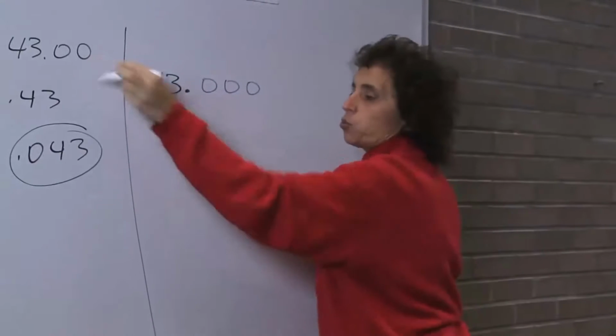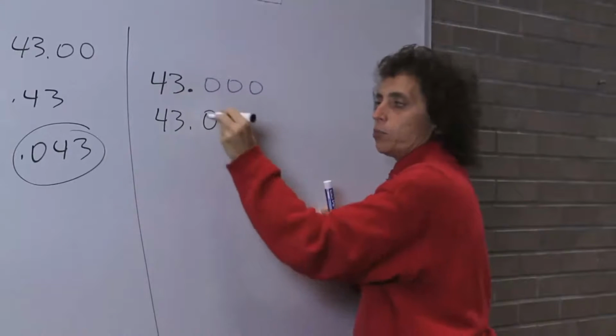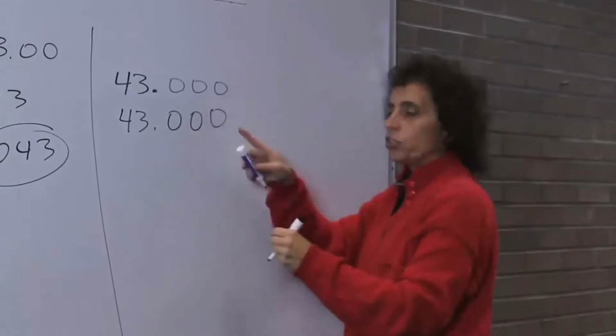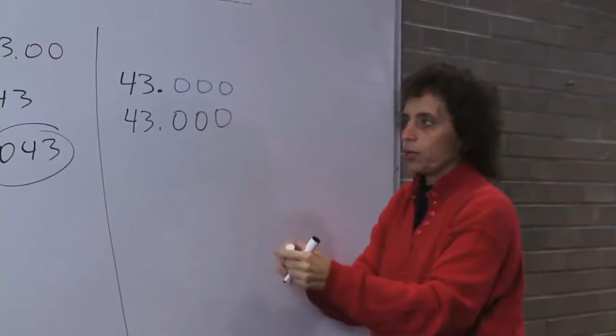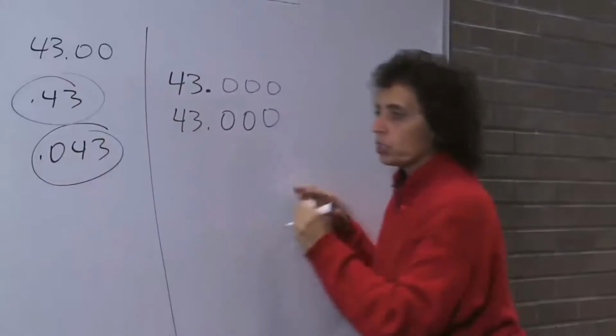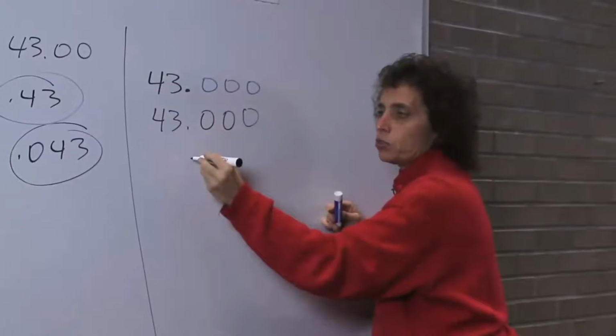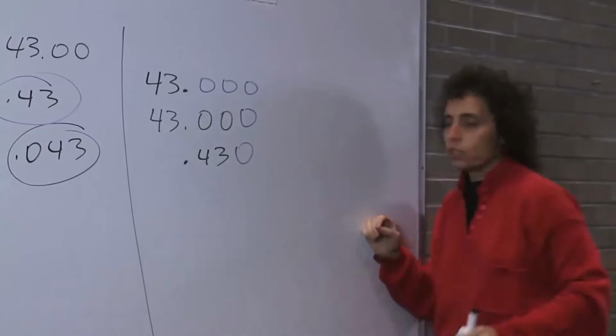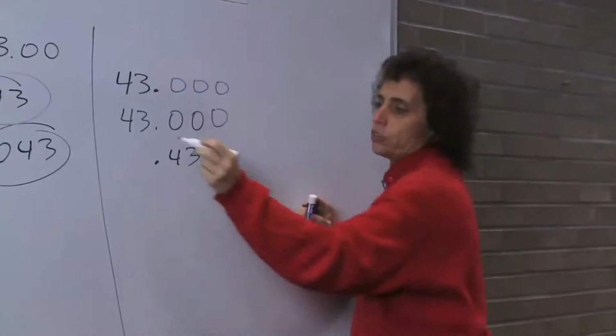Then we have 43.00. I just need to include 1 more zero for that decimal place to count as 3. Next, I'm going to line up the decimals. 0.43, we want 3 decimal places, so there's your 3rd decimal place.